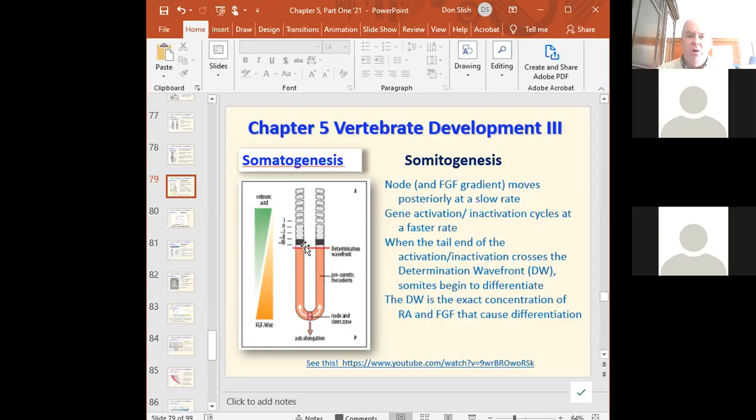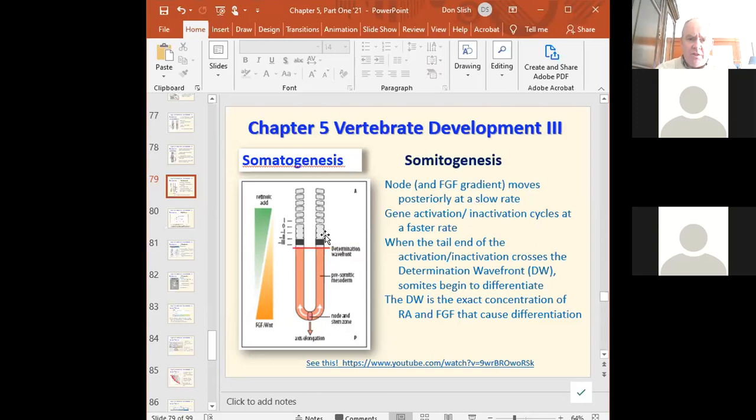And you get to this one point where FGF drops off, so that's below this threshold point that you get differentiation. So that's your determination wavefront. When you get to the point that FGF is so low that it's no longer having an operation, then the somite starts to form right there. So that's why we call this the determination wavefront. At that point, it's determined.